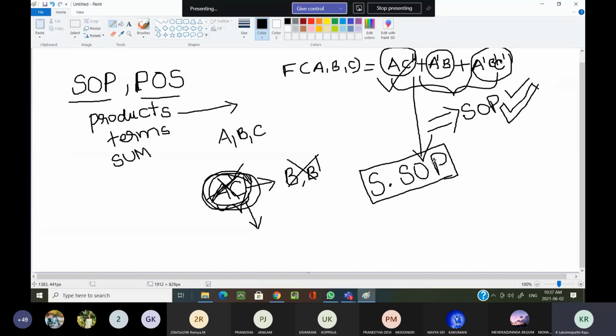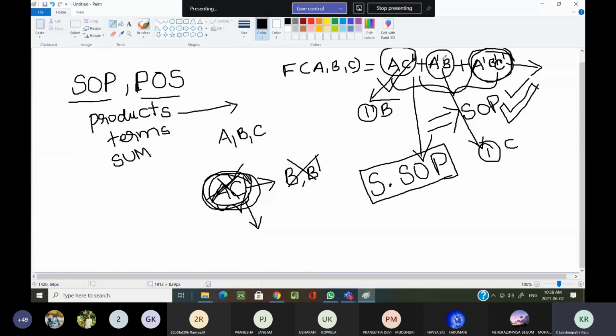Because if you see the first term, one literal is missing. Which literal is missing? B is missing. In the second term also, one literal is missing. Which literal is missing? C is missing. But the third term contains all three literals, so for the third term we don't have any problem.